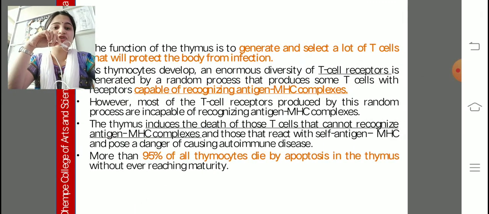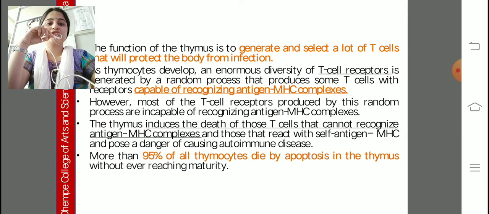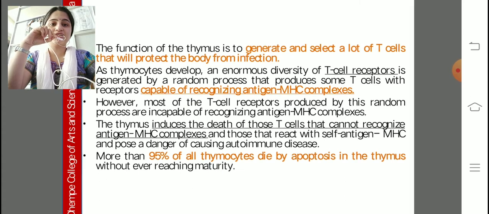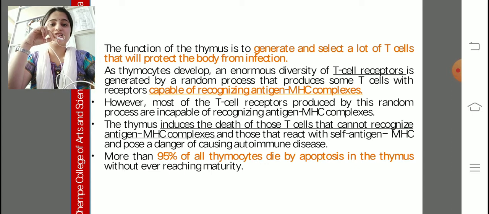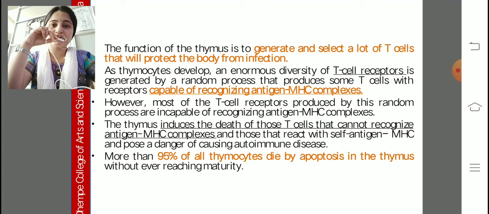What is the function of the thymus? It is to generate and select a lot of T cells that protect the body from infection. As the thymocytes develop, the enormous diversity of T cell receptors is generated by a random process, and the T cells only work when they are presented with an antigen by the presentation complex known as the MHC molecules.